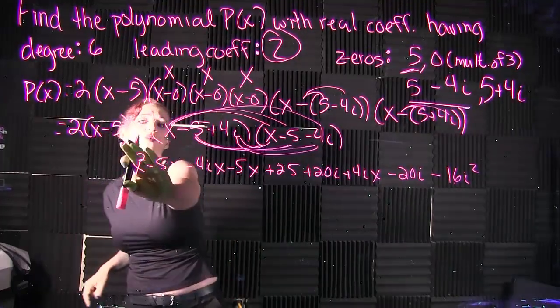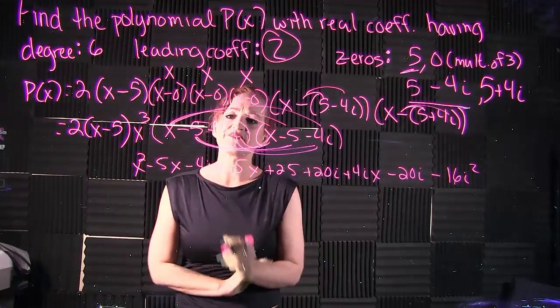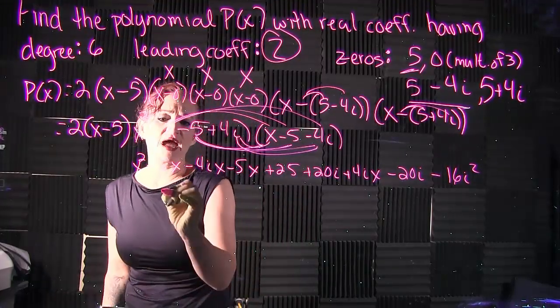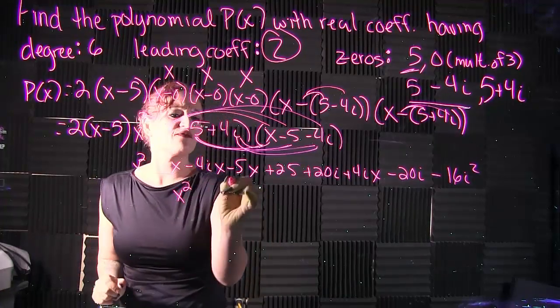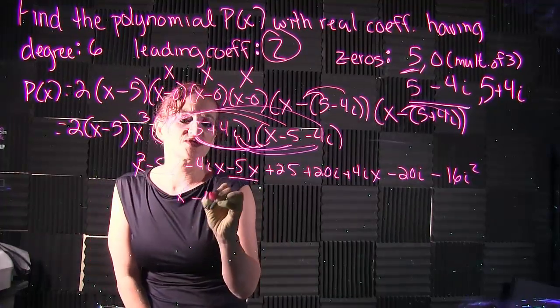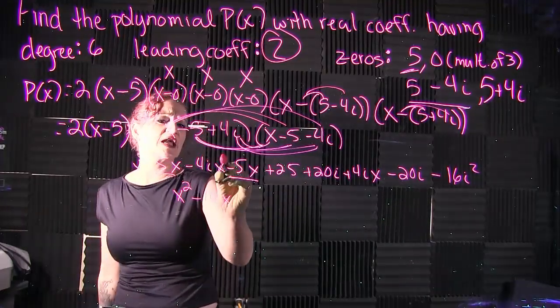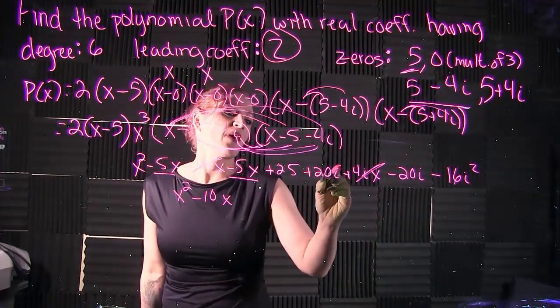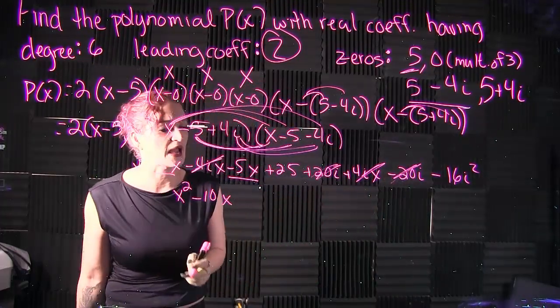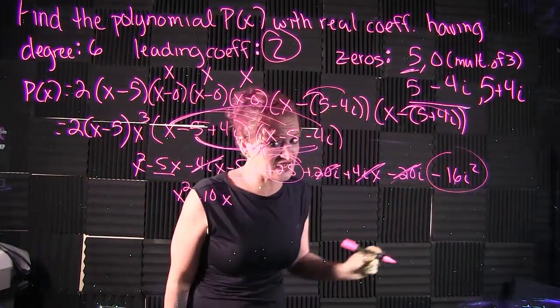So I'm going to work on cleaning all of this up first before I drop any of the front part down. Taking a look at what we have here, dropping down x squared, I see that I have a negative 5x and a negative 5x, so that's our negative 10x. Let's see what else we have. We have a negative 4ix that's going to cancel with this positive 4ix, and positive 20i with negative 20i. So I have a 25, and then I have a negative 16i squared left.